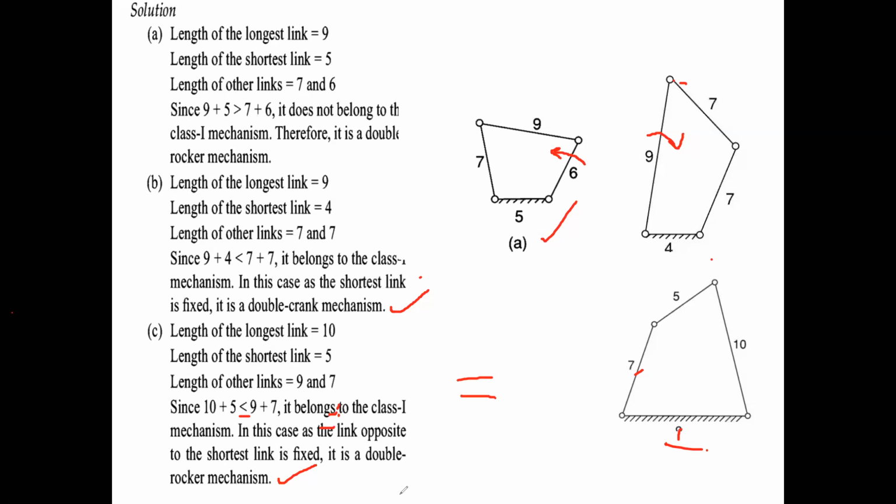Crank rocker means one link has rotating motion and the other only has oscillating or turning motion. When LHS equals RHS, it belongs to the crank rocker mechanism.